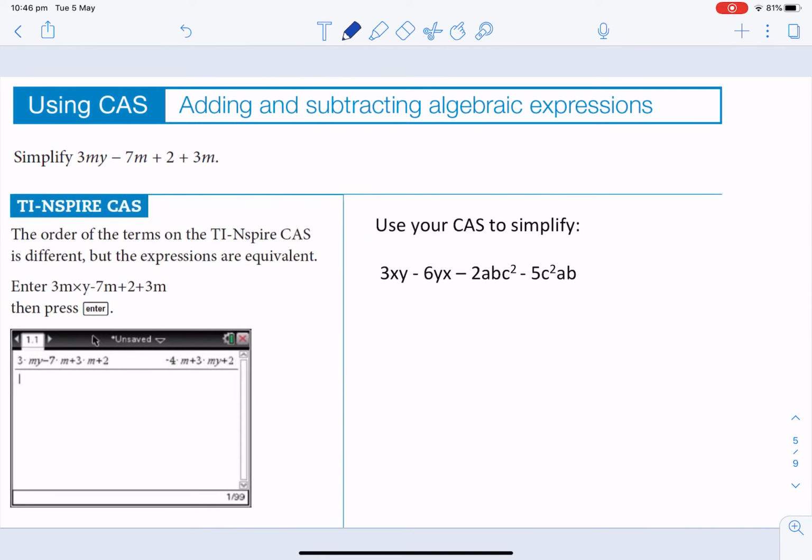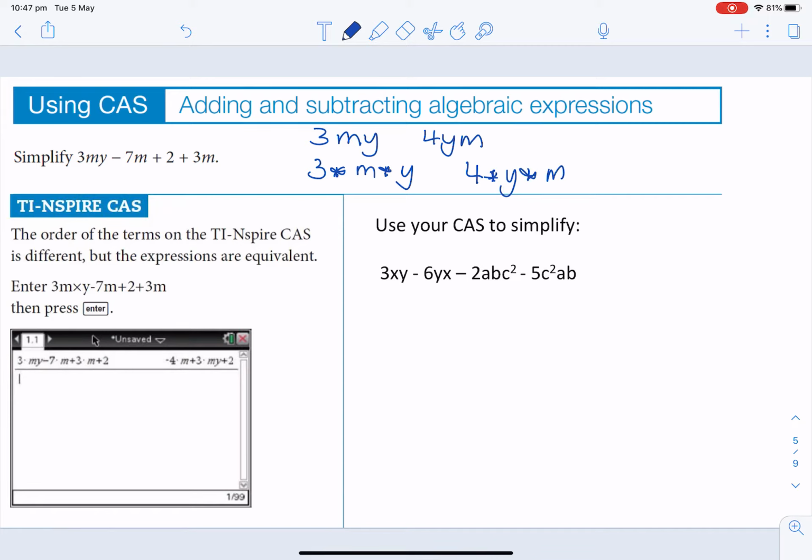Using a CAS, I'll run through it quickly. If you were to type in, say in this example, 3my, and then a different term, 4ym, it wouldn't recognise the my as being the same as ym. So instead you do 3 times m times y, and then 4 times y times m.